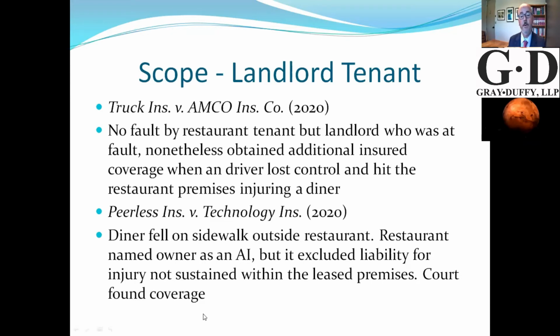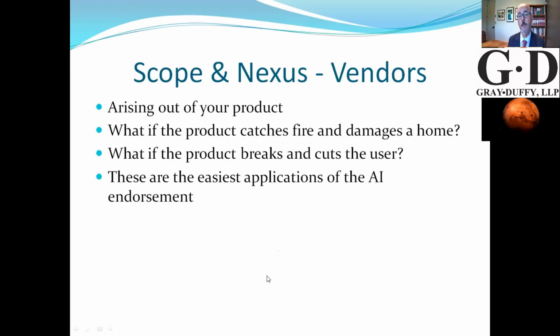Nonetheless, the court found that this was tied to the use of the leased premises and that there was coverage. And this goes back to another New York Court of Appeals case, which found that there was coverage when a customer of a garage tripped on the sidewalk outside of the garage.